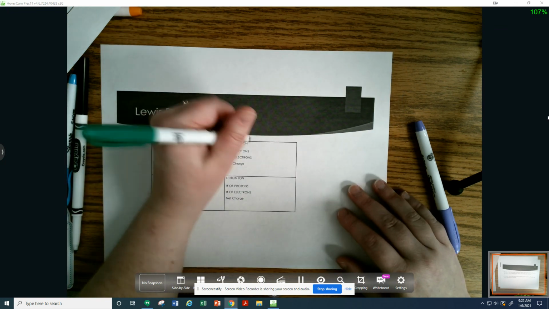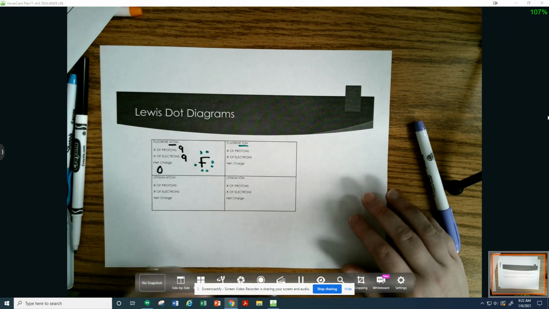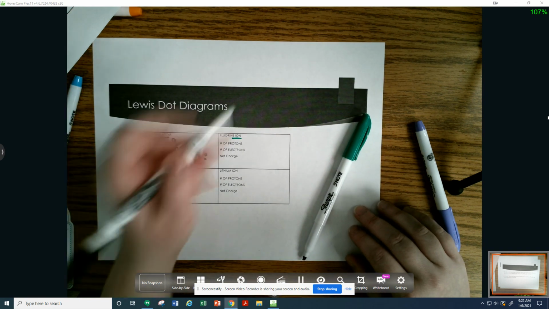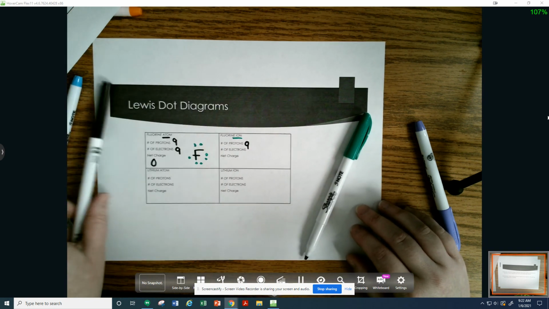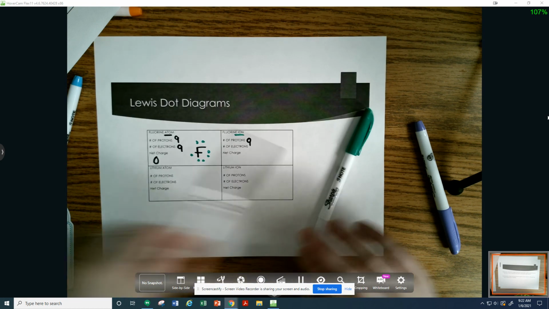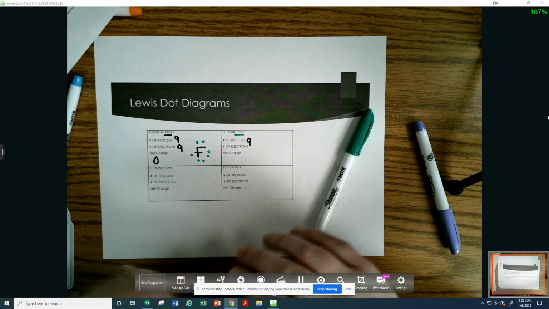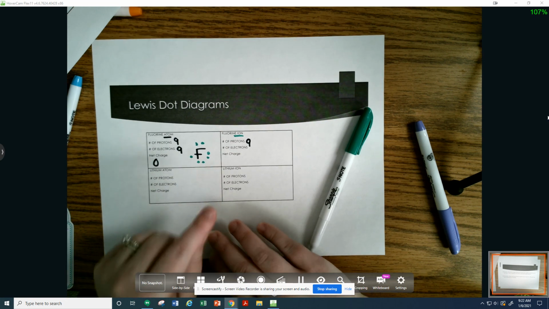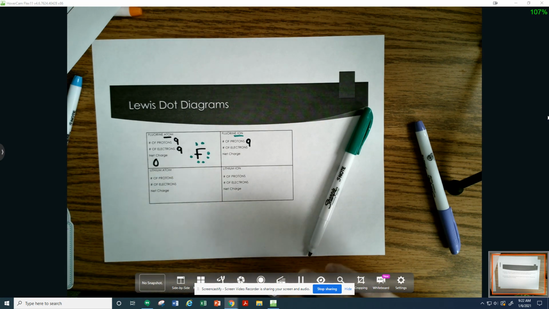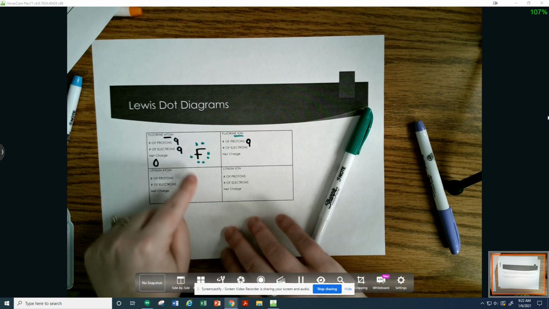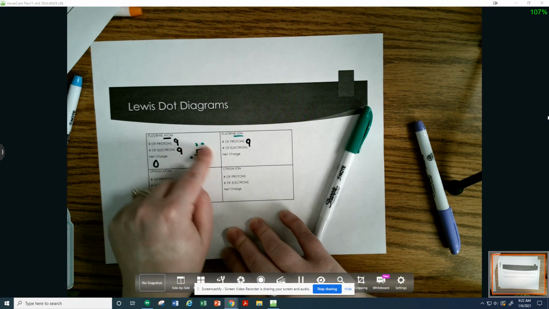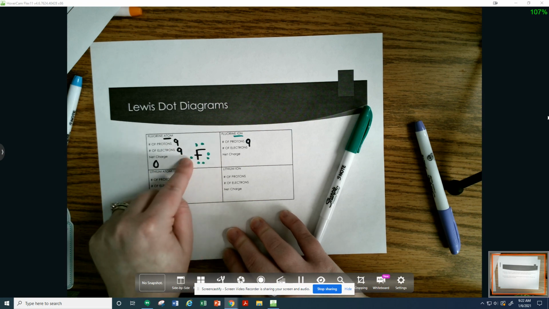So it asks for a fluorine ion. When it comes to protons, it's going to stay the same. Now we have the same idea, an abbreviated Bohr model, so we only have the valence electrons. We are looking at what's easiest for fluorine to complete its octet. Is it easier for it to gain or lose? If it goes through the loss, it has to lose all 7 of these electrons.